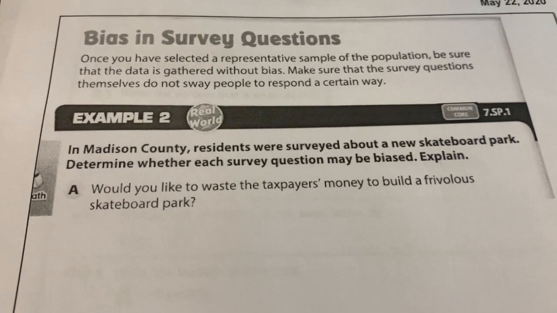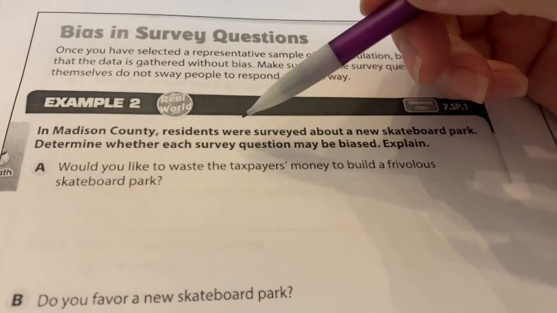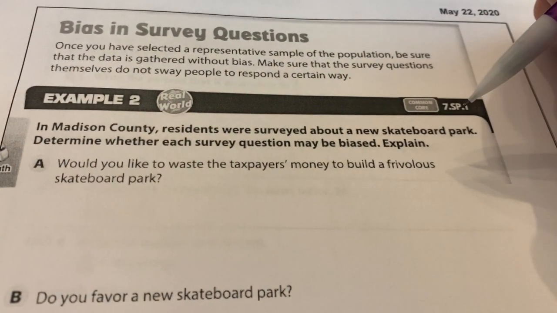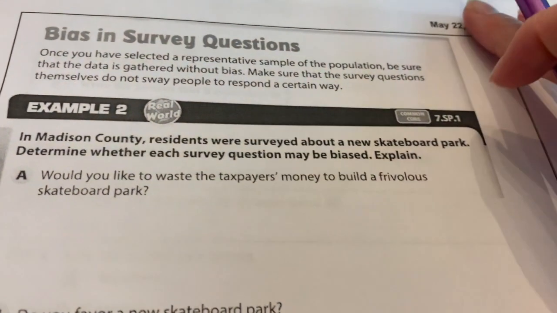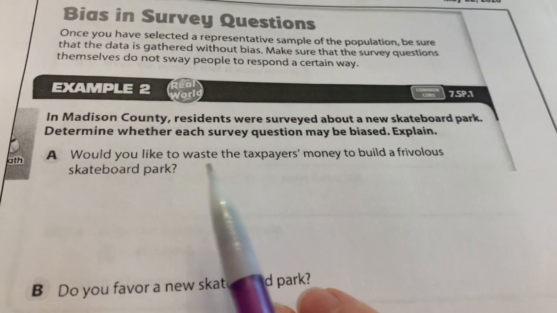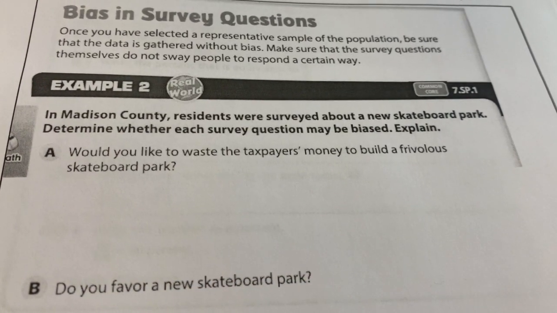So let's give an example here. This one's pretty good. In Madison County, residents were surveyed about a new skateboard park. Determine whether each survey question might be biased and explain. A: Would you like to waste the taxpayers' money to build a frivolous skateboard park?